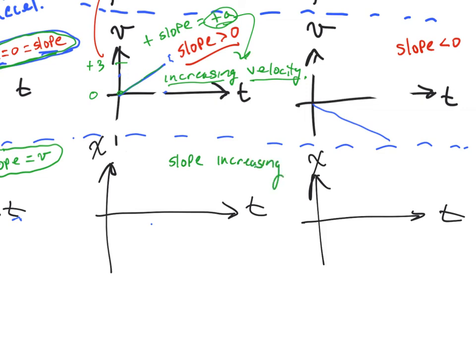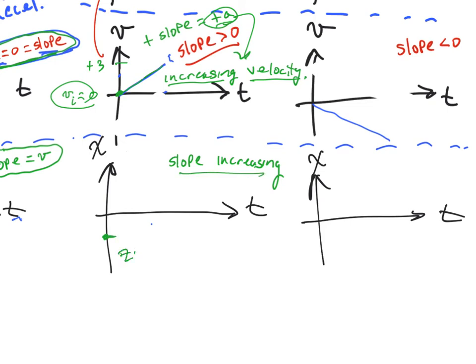Now, since I noted right here that the initial velocity in my graph up here was 0, I need to start with 0 slope. And I can start anywhere I want. I'm going to just arbitrarily choose to start here. It doesn't matter. I don't know what the starting position x is in this situation. But I do know that the initial velocity is 0, which means my initial slope has to be 0.